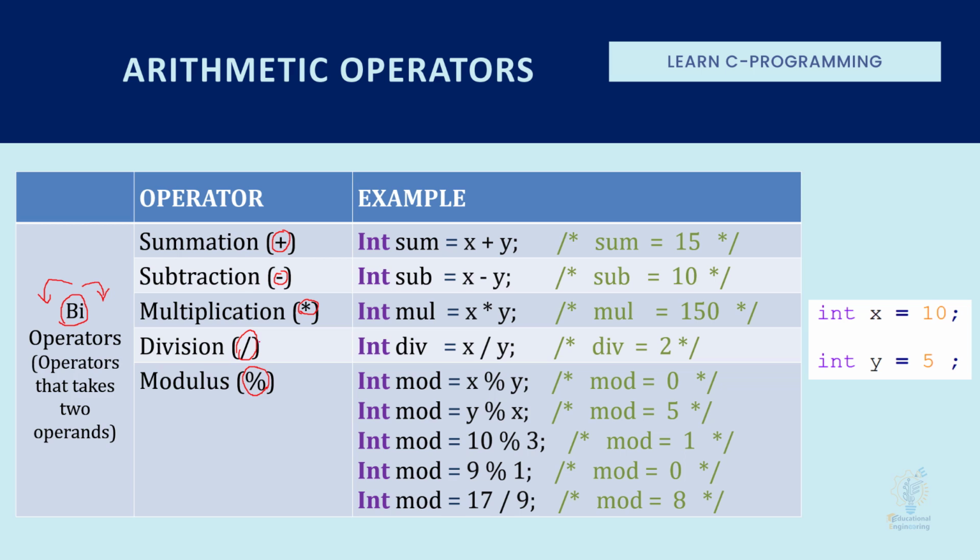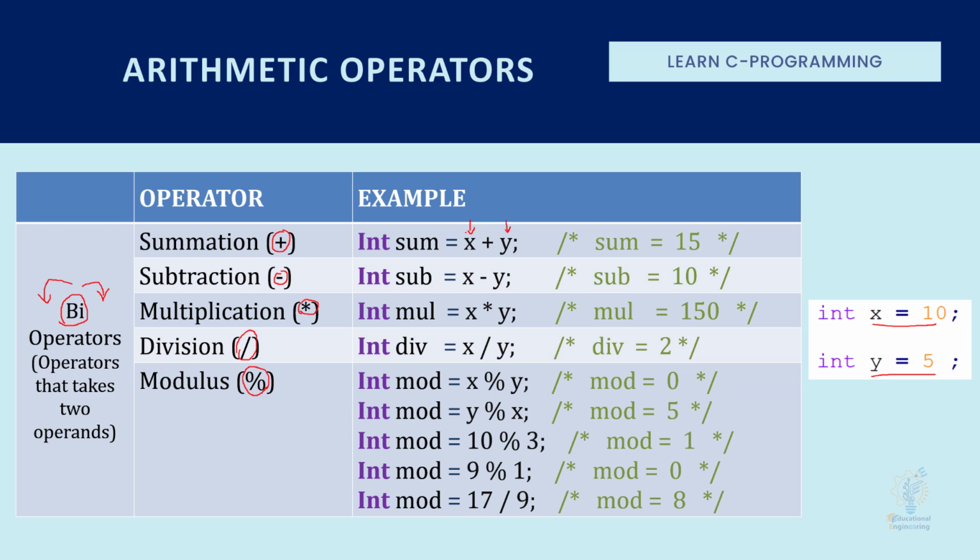Now let's talk about each of them. The summation is basically used to sum two operands. This is the first operand and this is the second operand. Now here we have x equals 10 and y equals 5. So x plus y is basically a summation operation because we are using the arithmetic operator, the plus.